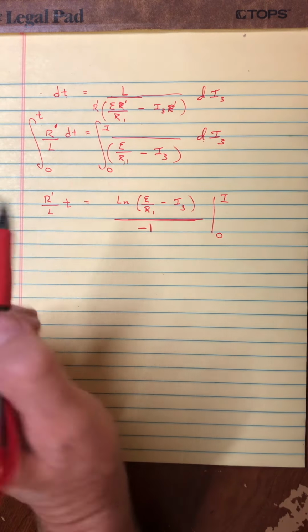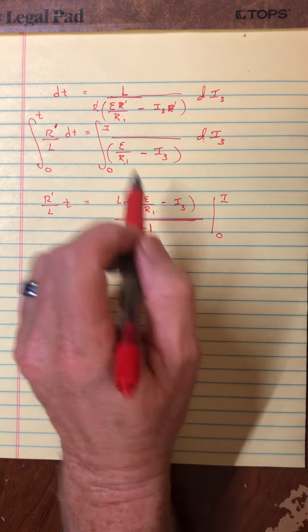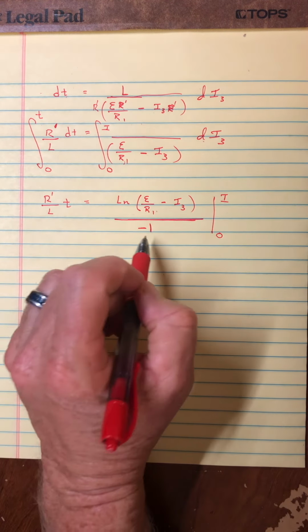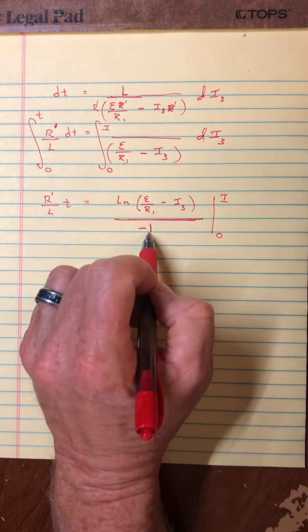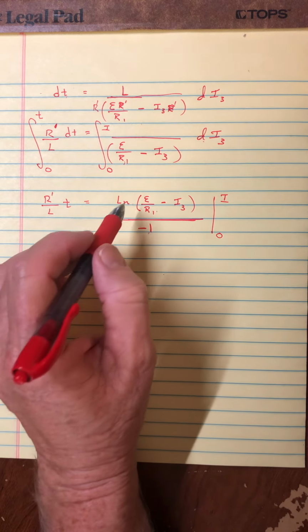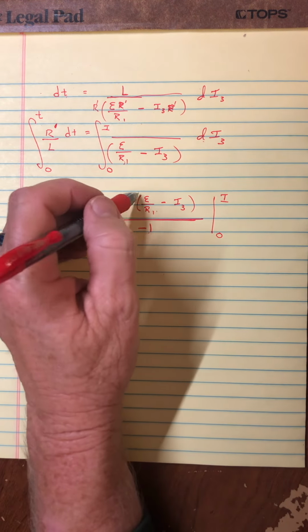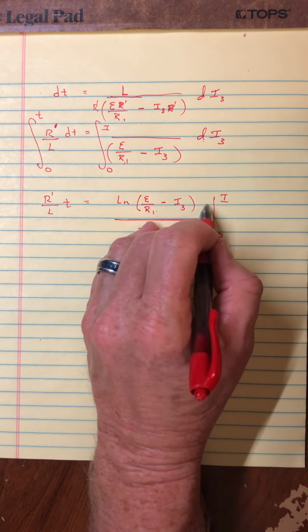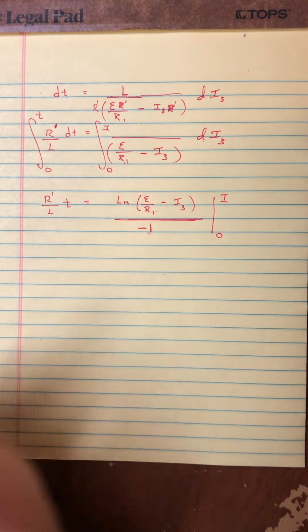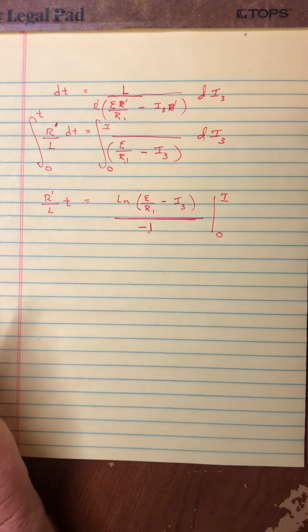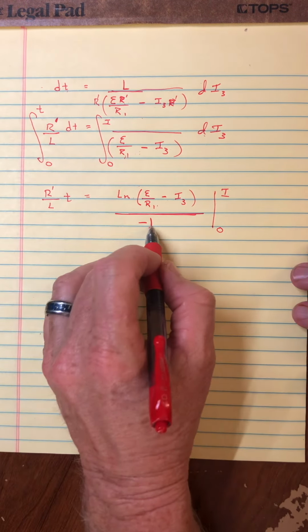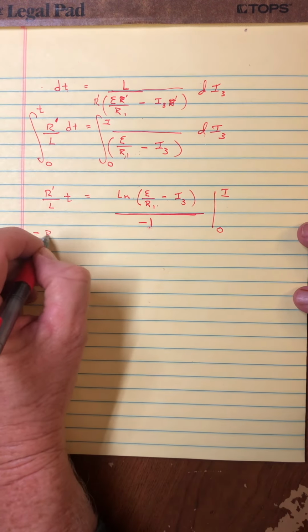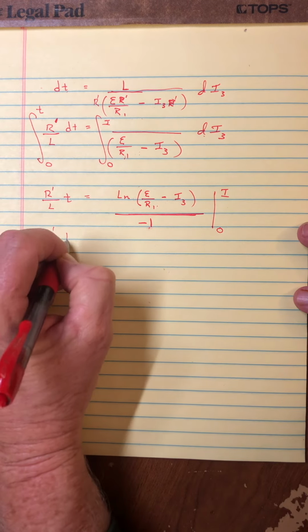I just like to check it and say, okay, well, let me take the derivative of this and see if I get back to here. And so if I take the derivative and pay close attention to that negative, I get 1 over this, so that's good. But then the chain rule of this gets a negative up in the numerator, which cancels with that. So perfect. So this does get me back. And that's why this negative, I'm going to move over here to the other side.